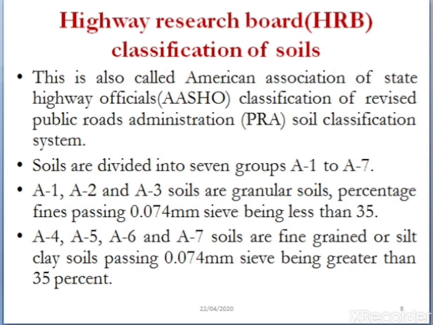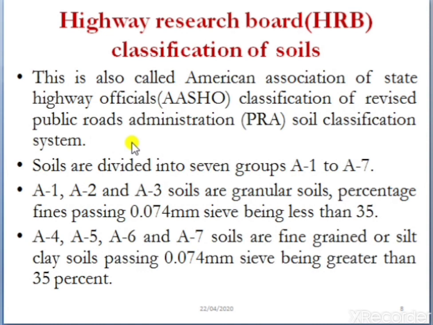Now, among all those classifications, the important classification is the Highway Research Board classification of soils. So let us see how the soil is classified under Highway Research Board. This is also called the American Association of State Highway Officials, that is AASHO classification, or Revised Public Roads Administration Soil Classification System.